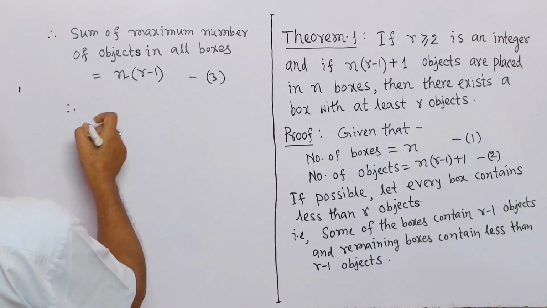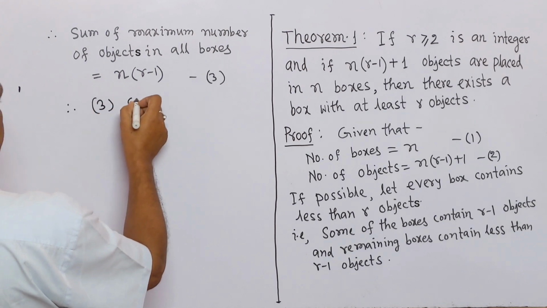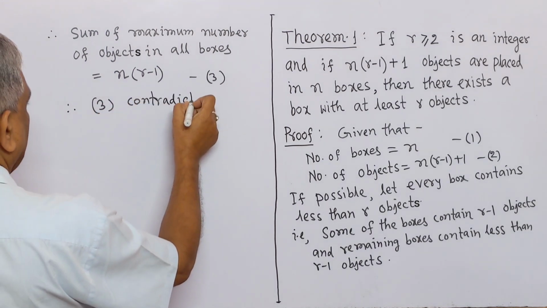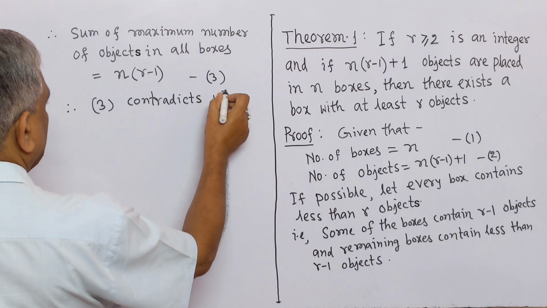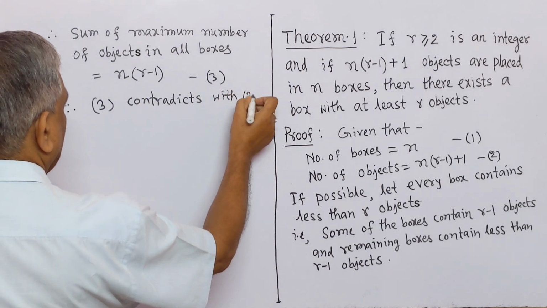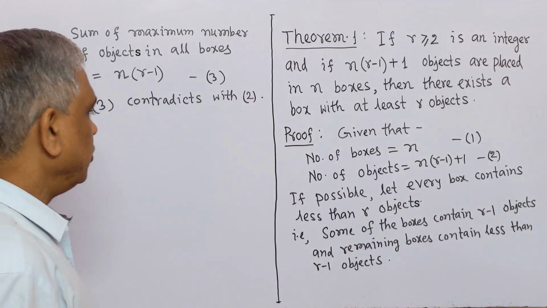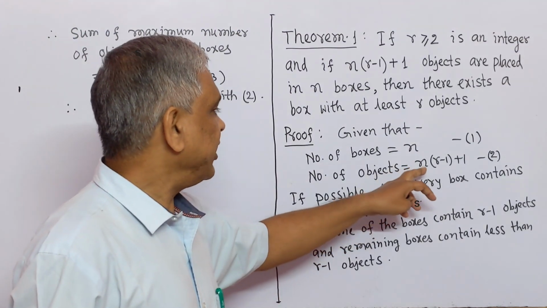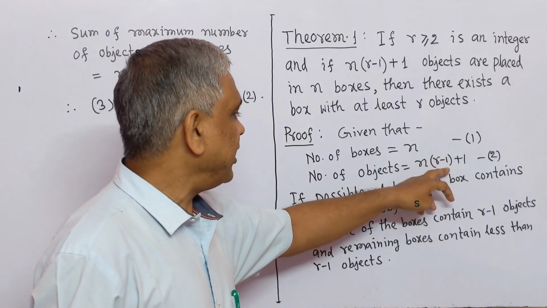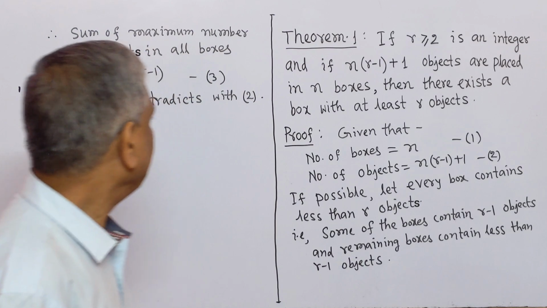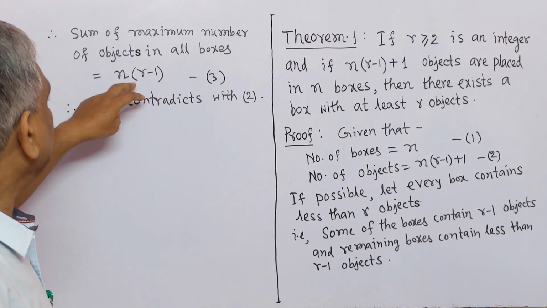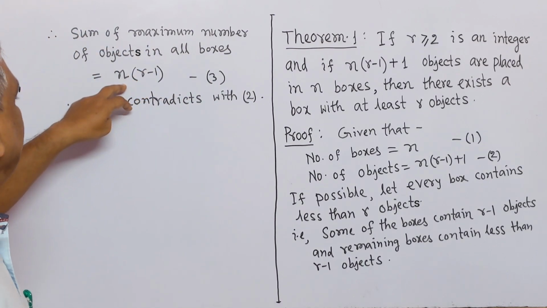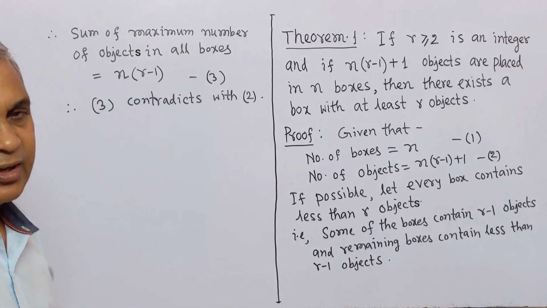Therefore, 3 contradicts with 2, because total number of objects is n multiply (r minus 1) plus 1. Here maximum number of objects be n multiply (r minus 1).